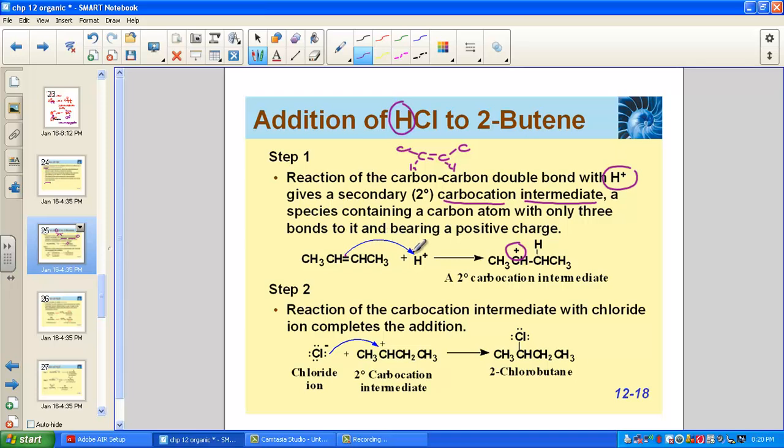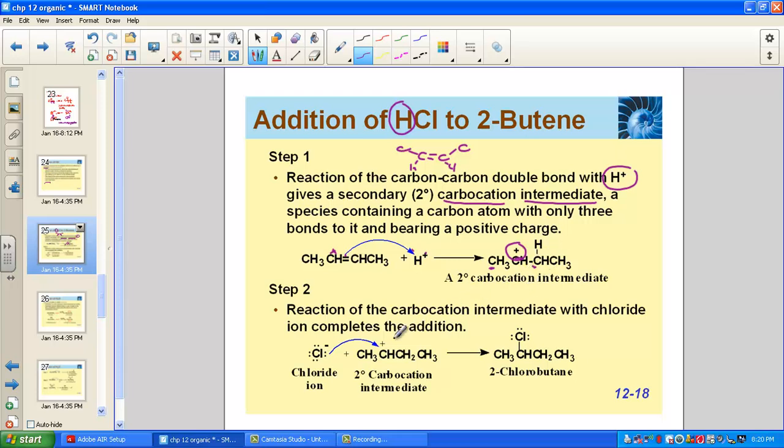Notice this direction of the arrow, and that double bond is going to donate its electrons to the hydrogen ion. And if I break that bond, it creates a positive site. A carbocation is produced. Again, cations are positive, and it's secondary simply because there are 2 carbons coming off of it. 1, 2, a secondary carbocation intermediate.